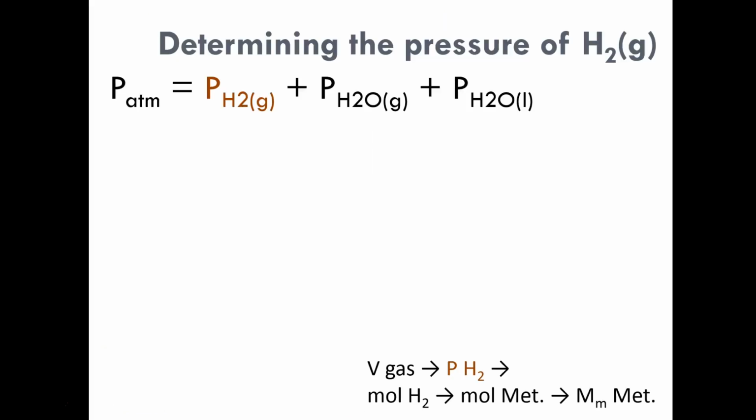So how do you do that first step, going from those two measurements you make in the apparatus, the volume of the gas and the height of the water head, to figuring out how much pressure of hydrogen gas there is?